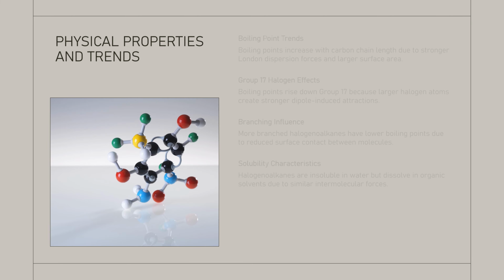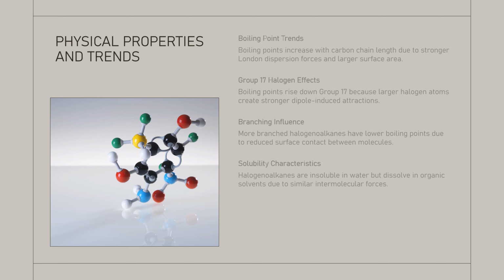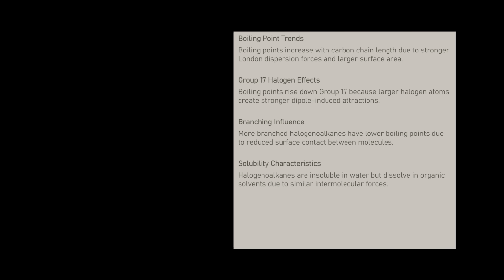As the carbon chain length increases, boiling point rises due to stronger London dispersion forces resulting from a larger electron cloud and greater surface area. For halogenoalkanes with the same carbon chain length, boiling point increases down group 17, from chloroalkanes to iodoalkanes, because larger halogen atoms have more electrons, leading to stronger instantaneous dipole-induced dipole attractions between molecules.